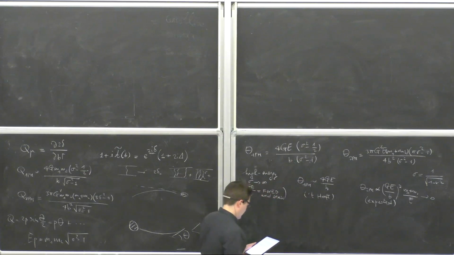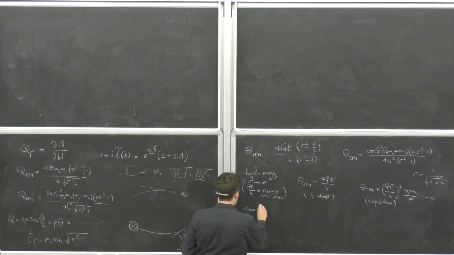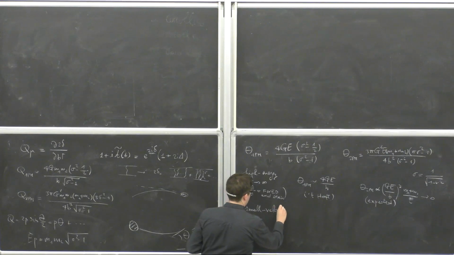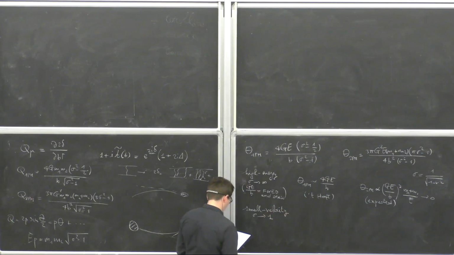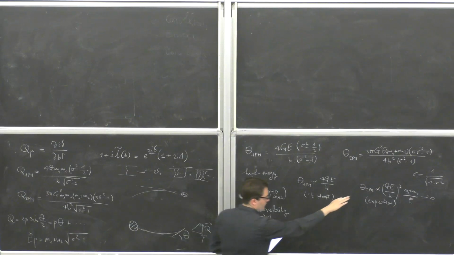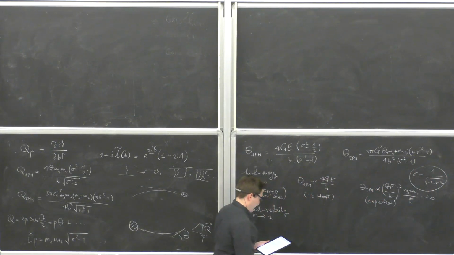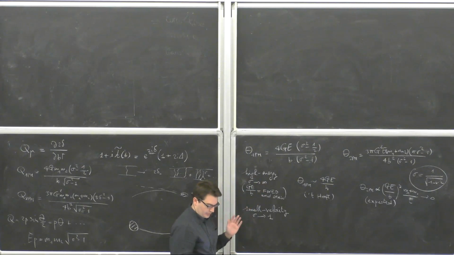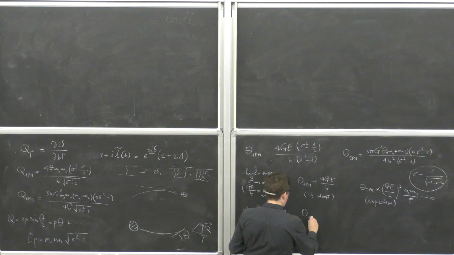And the other comment was about the other limit, the small velocity. So sigma tends to 1, or if you want, v tends to 0, the velocity. In this regime, we are supposed to recover what our post-Newtonian colleagues derive. So let's write down what happens. Theta 1PM in this regime tends to 2GM.